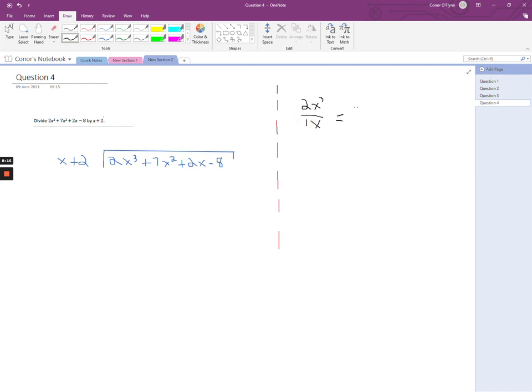So that'll be 2x squared. So you're just using your indices rule there. Dividing powers, you subtract them. So it'll be 2x squared.